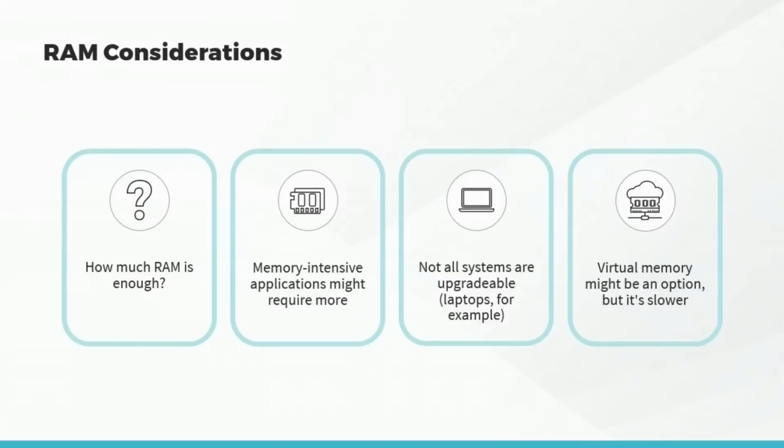For example, on a Windows-based computer, the operating system will automatically allocate a certain percentage of disk space based on the amount of physical memory that is installed to act as virtual memory, even if your system has enough actual memory installed. It will still use the virtual memory to temporarily swap data out of RAM if it hasn't been accessed in a while.